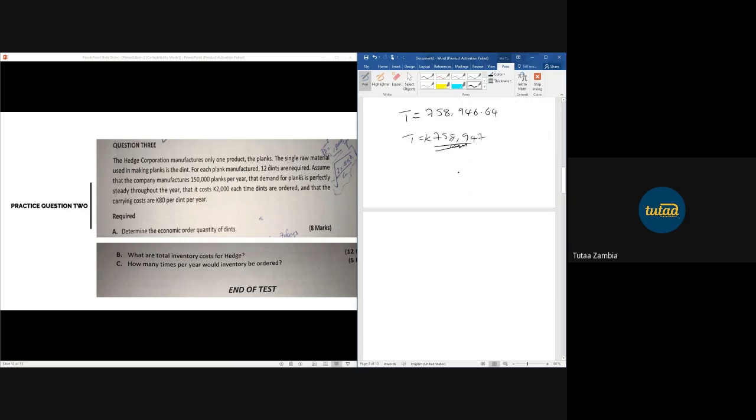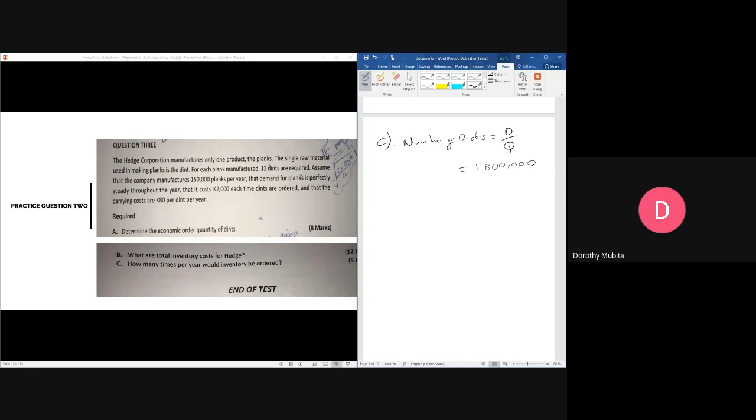We've solved that, and then we move on to part C. Part C says: how many times per year would inventory be ordered? Who remembers how to find the number of orders? Isn't it demand over quantity? Yes, D over Q. So the number of orders is demand over quantity. What's our demand for DINs? 1,800,000. And what's our order quantity? 9,487 units.